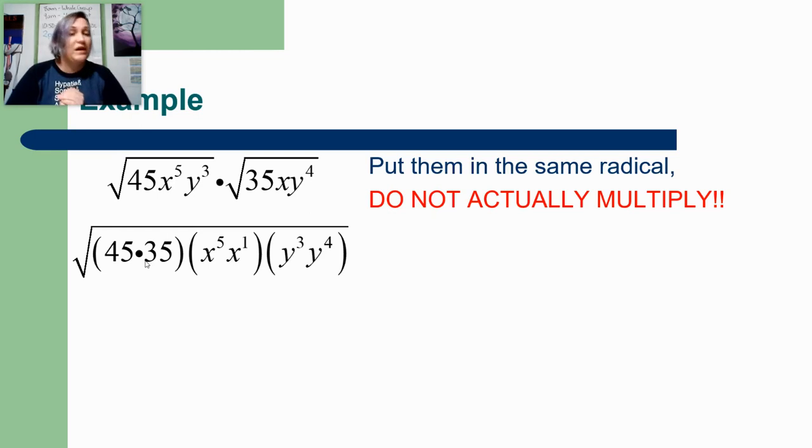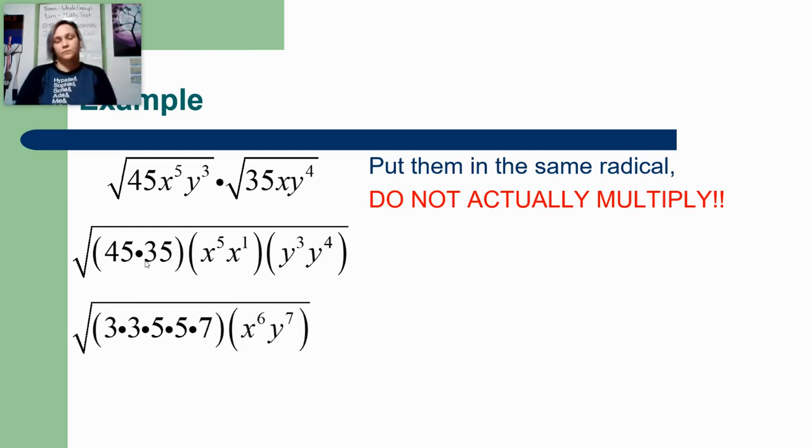Remember, our rules for exponents say that we add the exponents together. My 45 turned into 3 3 5. My 35 turned into 5 7. And we just make that one big long list. For my x's, I now have x to the 6th. And for my y's, I now have y to the 7th.